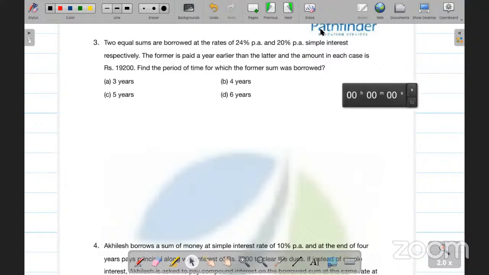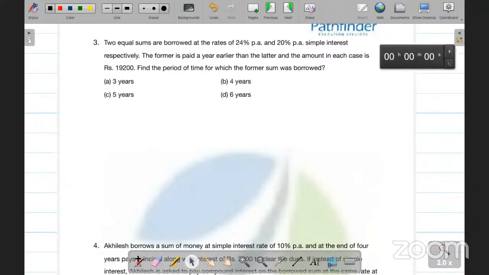Okay, so we have only one person who has answered to both. Okay. So two equal sums are borrowed at the rate of 24% and 20%. The former is paid a year earlier than the latter, and the amount in each case is 19,200.